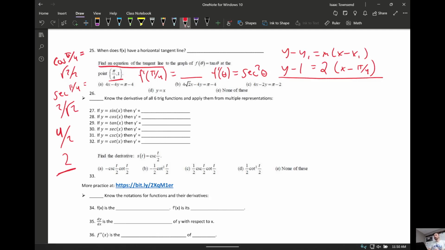As an FRQ, I would absolutely be done. But as a multiple choice, I don't know. I have no idea why they wrote the answers this way in this question. There's really no rhyme or reason here, but they wanted you to mix this up a little bit. So I don't know. We could distribute the 2. None of the answers have fractions in them, so let's maybe multiply everything by 2 so that mine doesn't have fractions either. And then it's starting to kind of look like that.